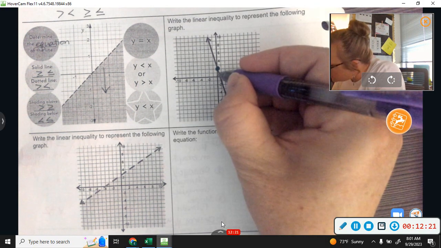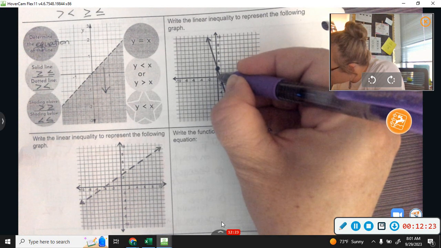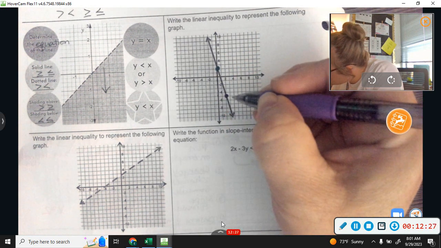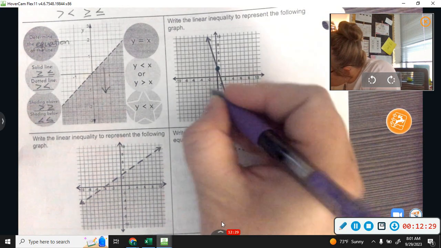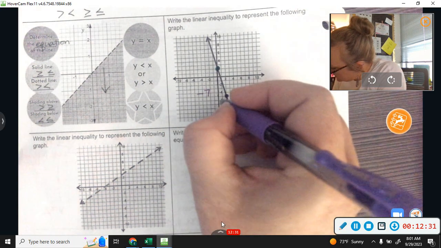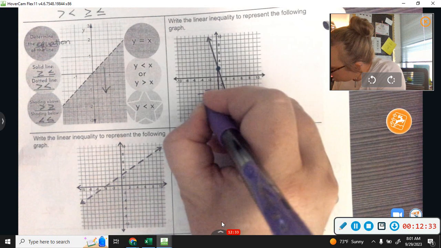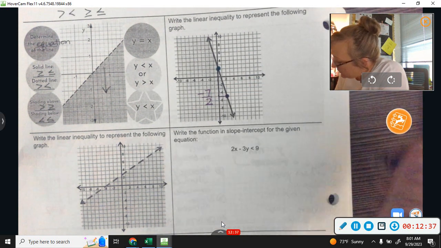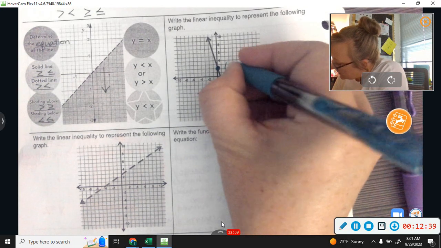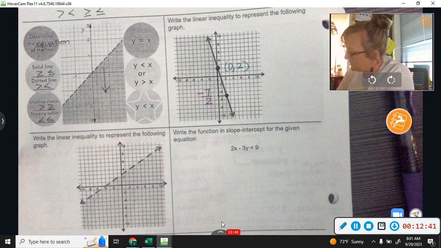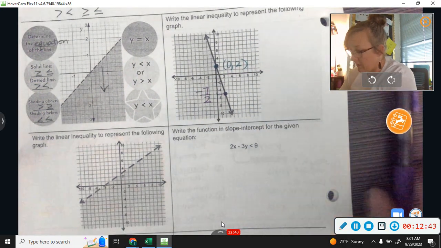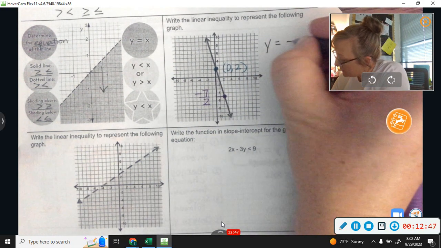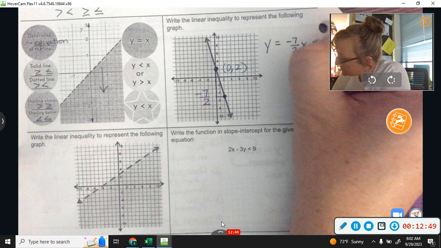For the slope, I'm going 1, 2, 3, 4, 5, 6, 7, so -7 over 1, 2, 2. And for the y-intercept, it's up here at 0, 2, positive 2. So my equation of my line is y equals -7/2 x plus 2.